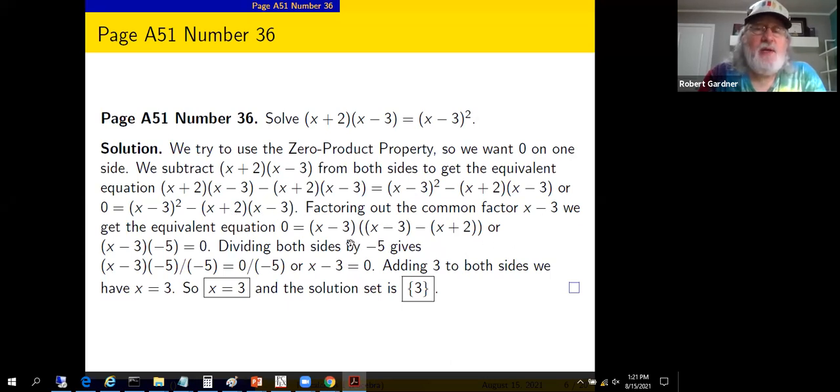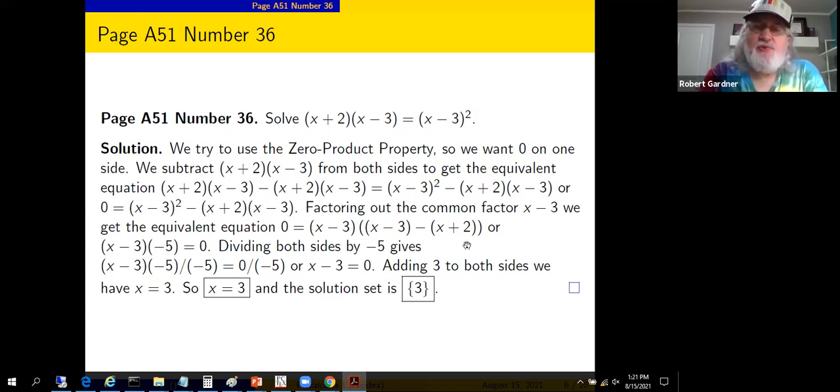Then we can write the original equation in the equivalent form 0 equals x minus 3 times, we factored 1 out here, so we'll be left with an x minus 3 to the first power. We factored an x minus 3 out here, leaving us with an x plus 2.